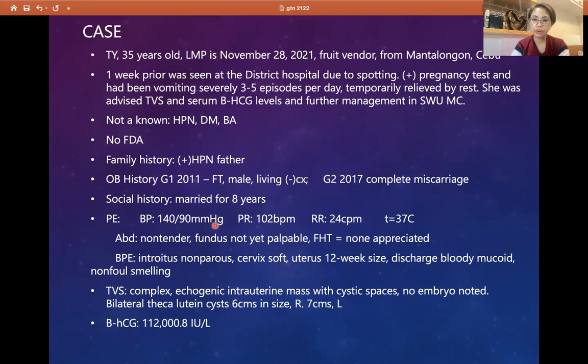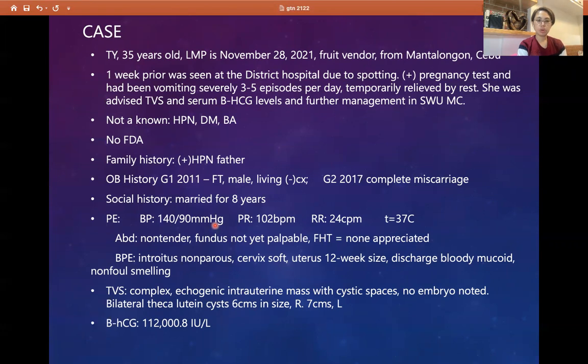She's a fruit vendor from Mantalongon, so it's quite far from Cebu City. 1 week prior, she was seen at the hospital due to a positive pregnancy test and had been vomiting. Temporarily relieved by rest, she was advised to do an ultrasound and serum beta HCG level and further referred to Southwestern University Medical Center. Her past medical history is non-contributory.